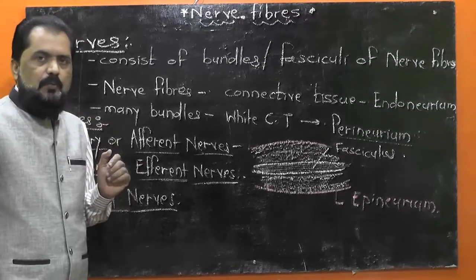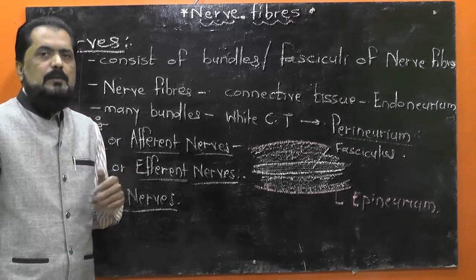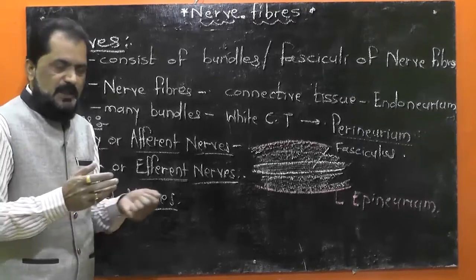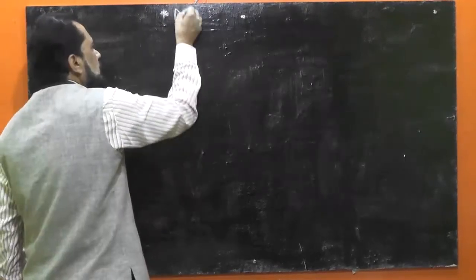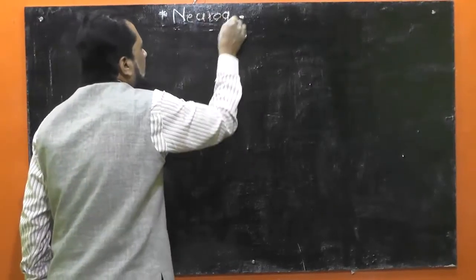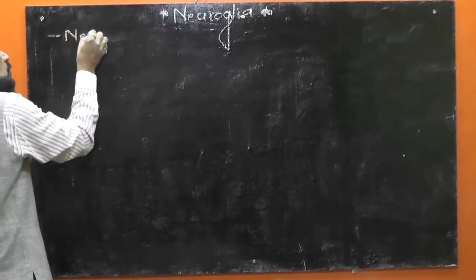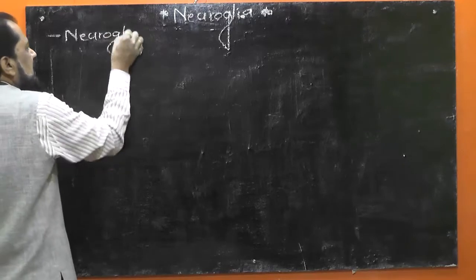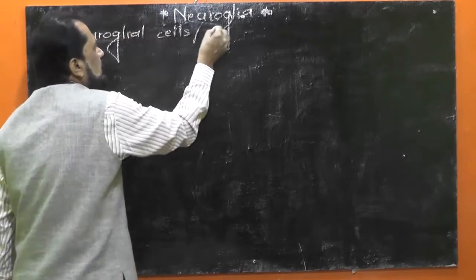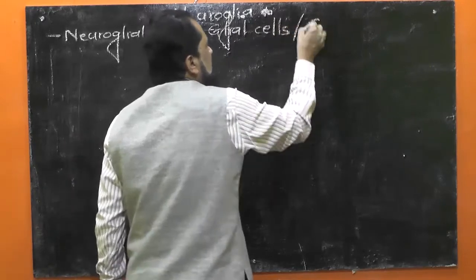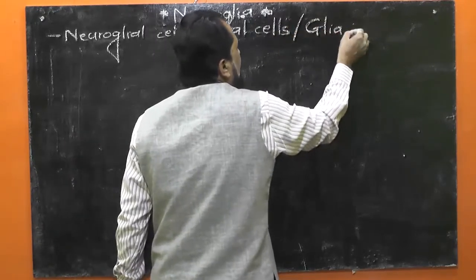Okay. Now we have to learn about one more important component, that is neuroglia. Let me explain to you. The neuroglia may be known as neuroglial cells or glial cells or simply glia.